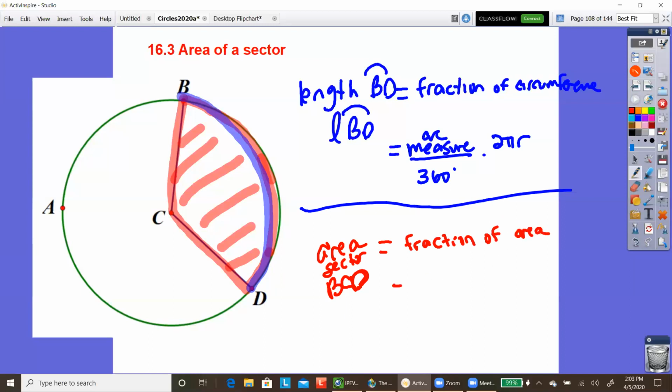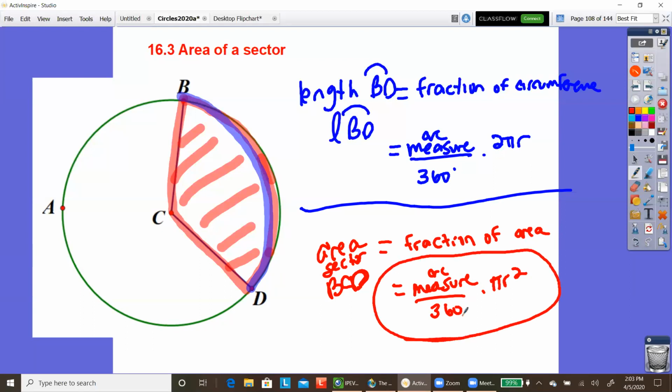It's a fraction of the area of the circle. You'd get the fraction the same way as before: the arc measure over 360, and then multiply by not the circumference formula, but by the area formula for a circle, which is pi r squared. And this is the formula we're going to be using to get the area of a sector.